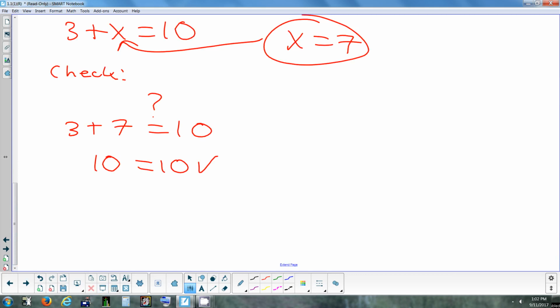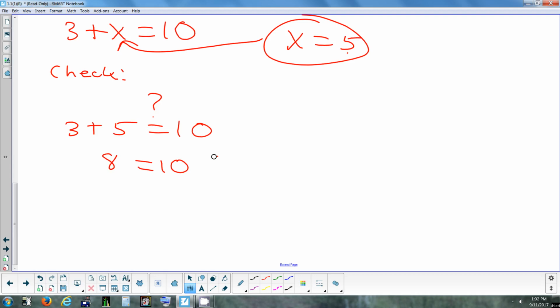Now, let's say you accidentally got 5 for x. When I plug it back in, what am I going to fill in for x this time? 5. Plug it in, got my question mark. What's 3 plus 5? 8. Is that true?